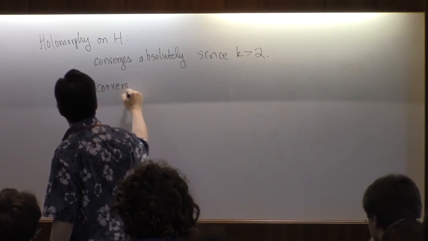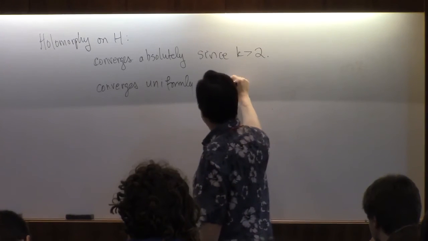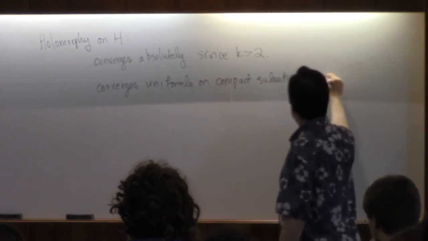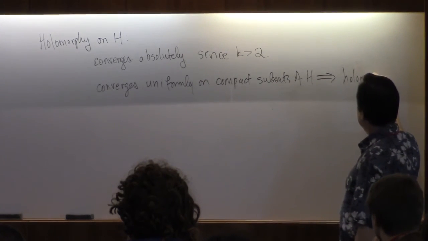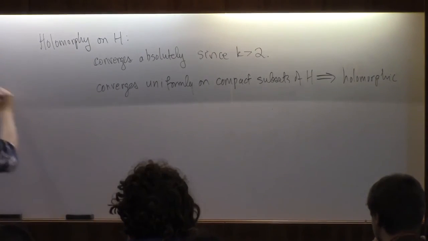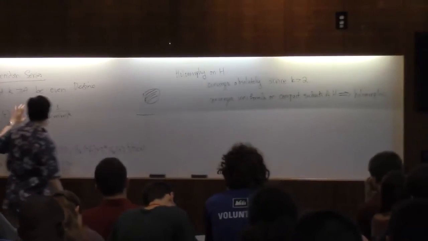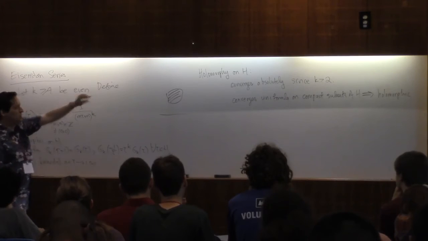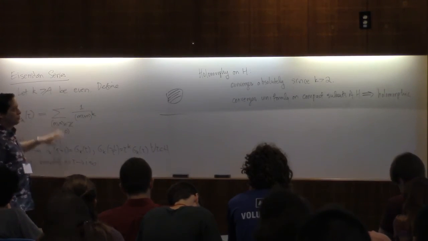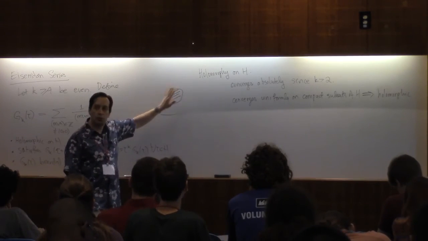So the series converges uniformly on compact subsets of the upper half plane. That means that if you take the upper half plane and you draw some compact set, a closed bounded set, then because we know that the series converges absolutely, the difference between the series and the partial sums can be controlled and get uniformly small everywhere at the same time across the entire set.